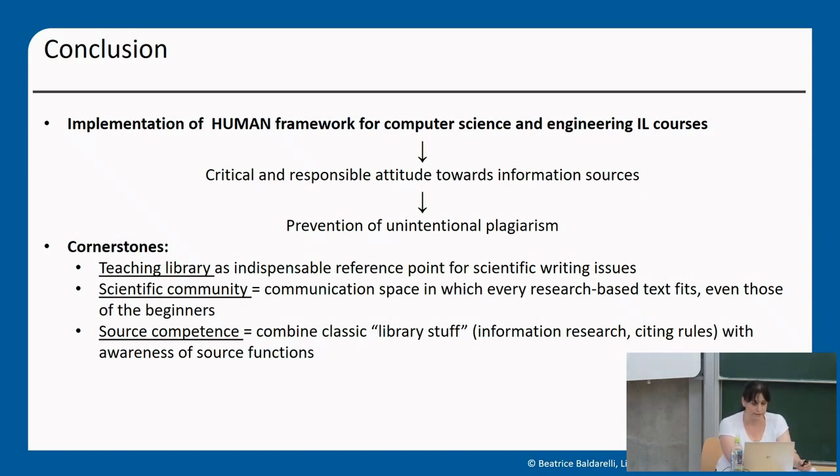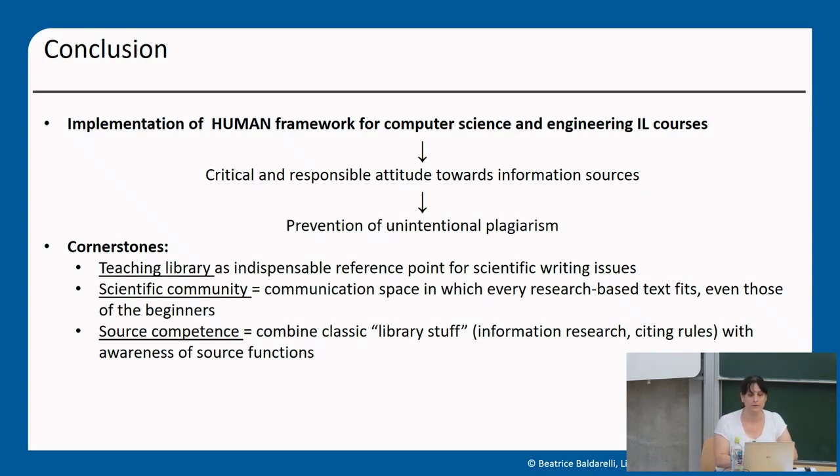If information literacy instruction is limited to library stuff like research or formal citing rules and continues to be perceived as a separate element from the creative writing process, students of technical subjects will often be confronted with a feeling of failure.